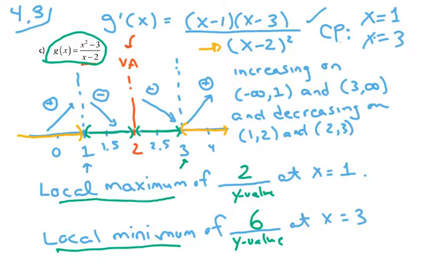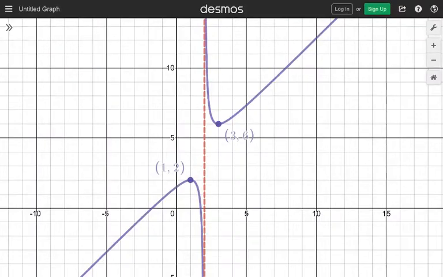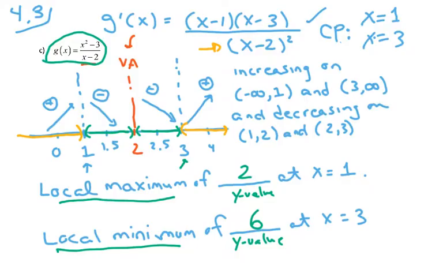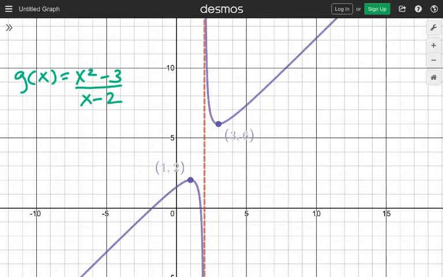So let's go look at the graph and see what's going on. Okay, so here is the graph of our function, g of x equals x squared minus 3 over x minus 2. Is that right? Yes. So, do you see why this is a local minimum?